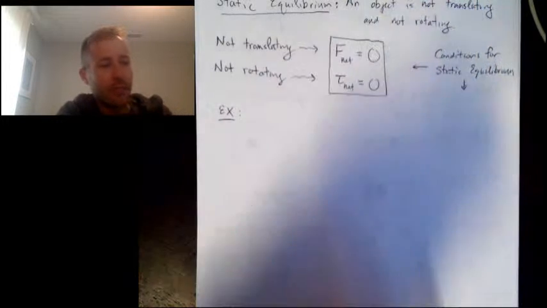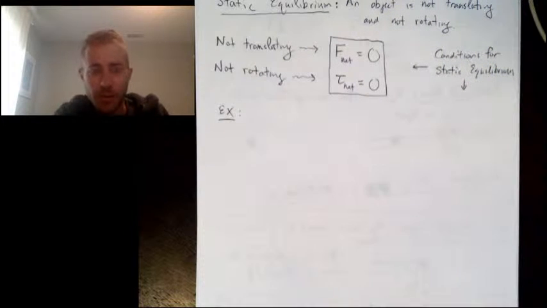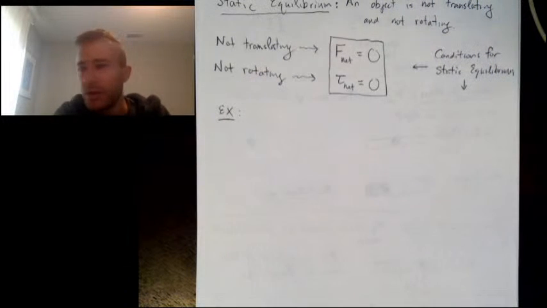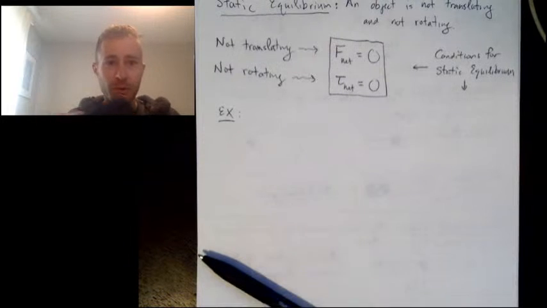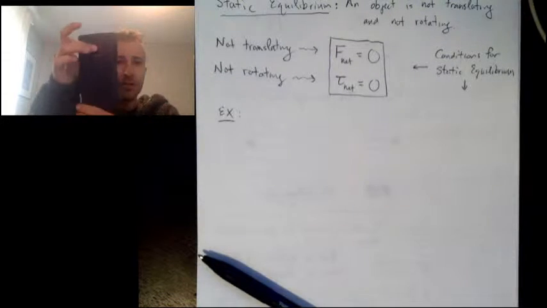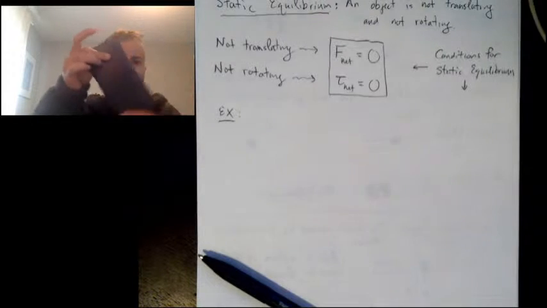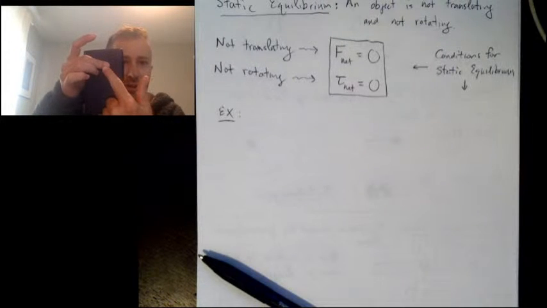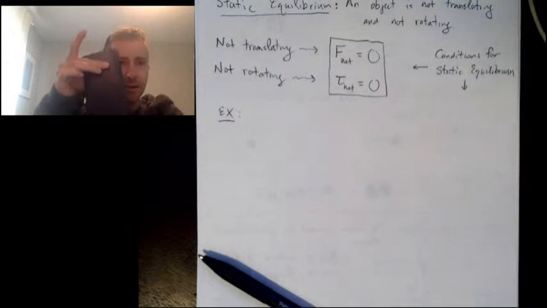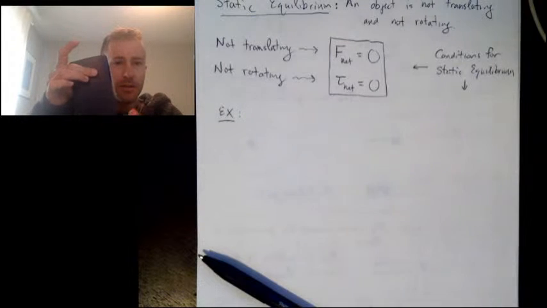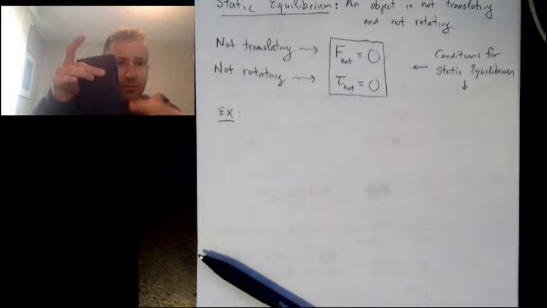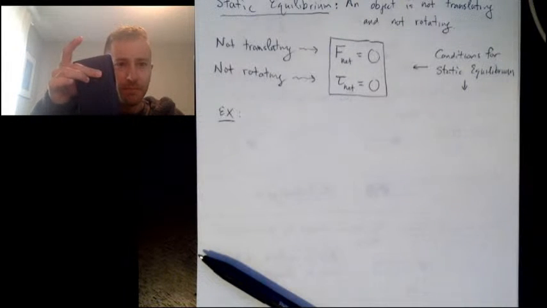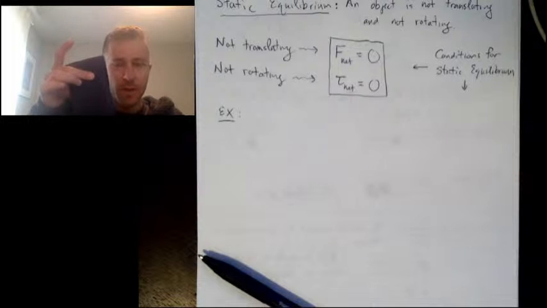Oh, by the way, for static equilibrium questions, you can choose the pivot point to be wherever you want. Because if you think about what the pivot point is, if an object is rotating, the pivot point is the point where it's not moving. Every other part of the object is moving but the pivot point. It's held fixed.